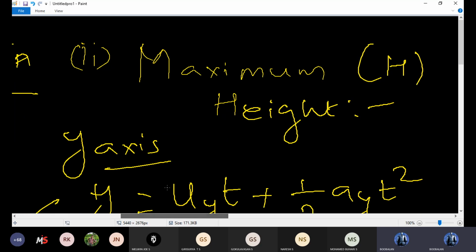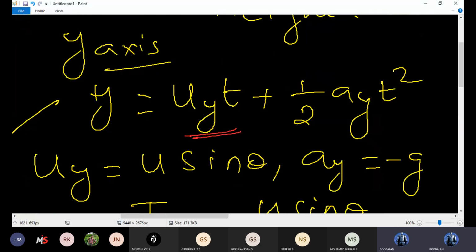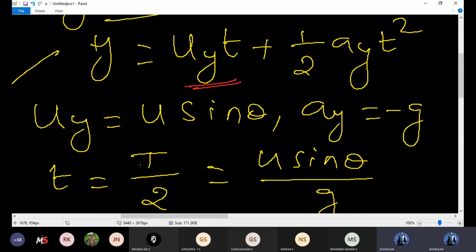Height belongs to the vertical component. So on the y axis, y equal to uy t plus half ay t square, uy value u sin theta, ay value minus g, and small t value capital T by 2. You will get capital T formula 2u sin theta by g, time of flight. So 2 cancels, small t is u sin theta by g.